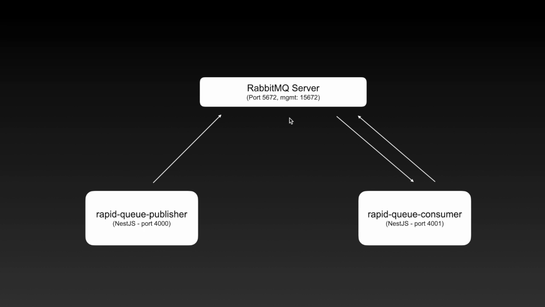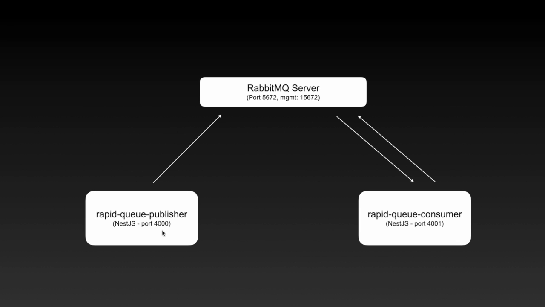So a rough architecture of what we will go through in this video is over here. You can see we have a RabbitMQ server running on port 5672, and the management console, which is like an admin console, will be running on 15672. On the left side, this is the API server written in NestJS.